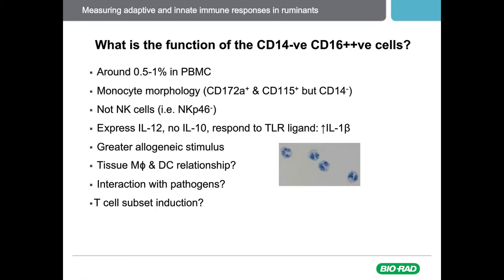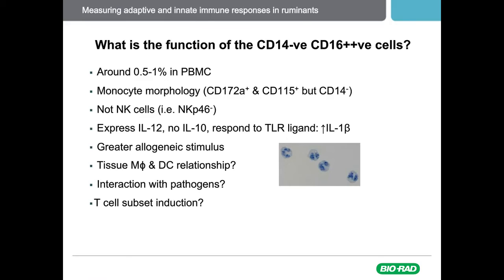What we are of course interested in knowing is the function of all of these subsets, and in particular of this CD14 negative, CD16 high population. We know that in cattle these are up to 1% of the peripheral blood mononuclear cells. They have monocyte morphology, and you can see that in the image. They're CD172 alpha positive, which is SIRP alpha, and CD115 positive, which is CSF1 receptor, and CD14 negative.